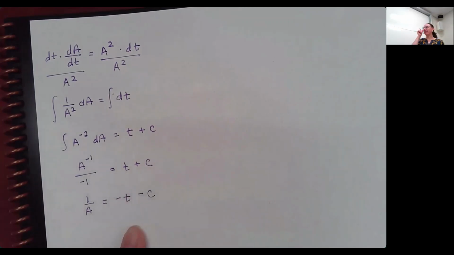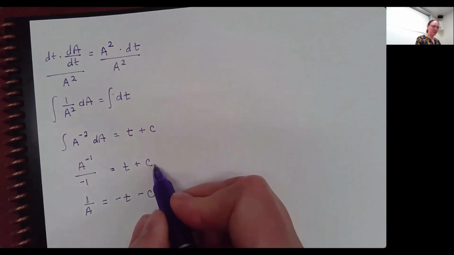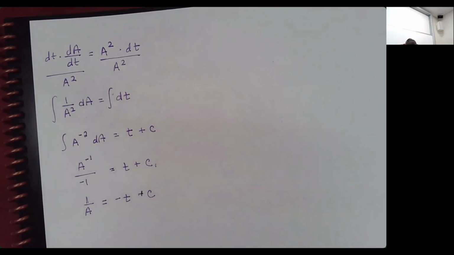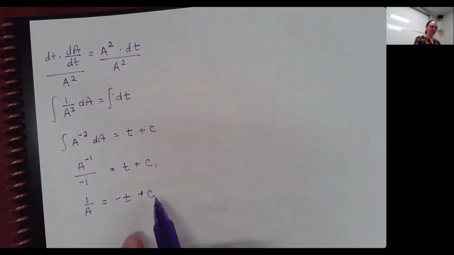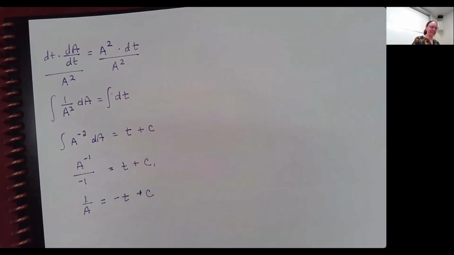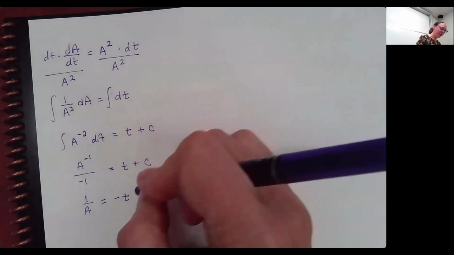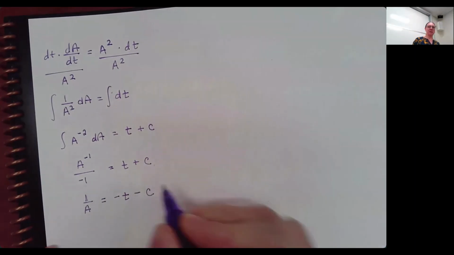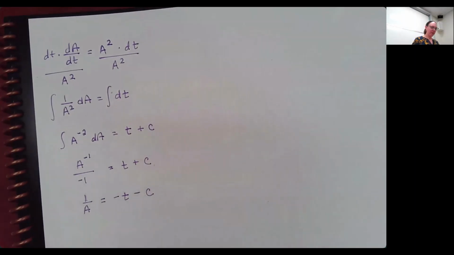The convention is generally to clean up constants along the way. So we don't have to do that, but you could do that by indicating that this was some constant and then making that a plus c. It really doesn't matter which way you do it. Whether you leave that as a minus c or a plus c, I'm just going to leave it as a minus c for now.